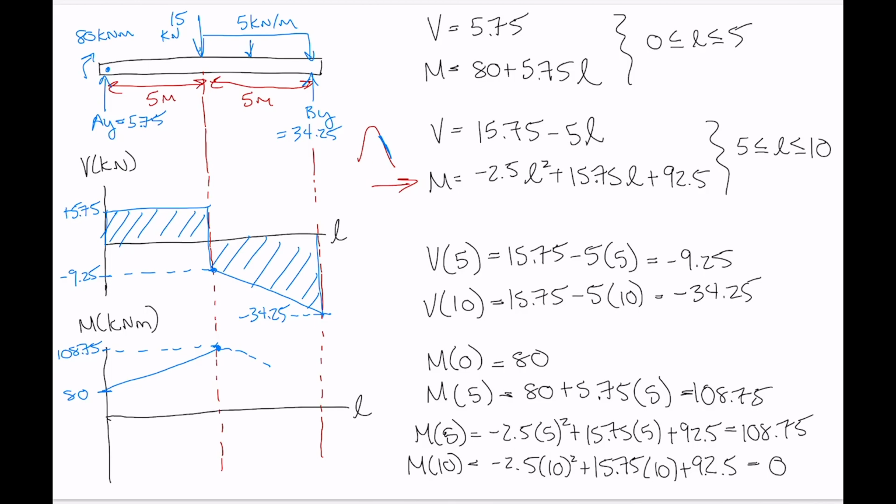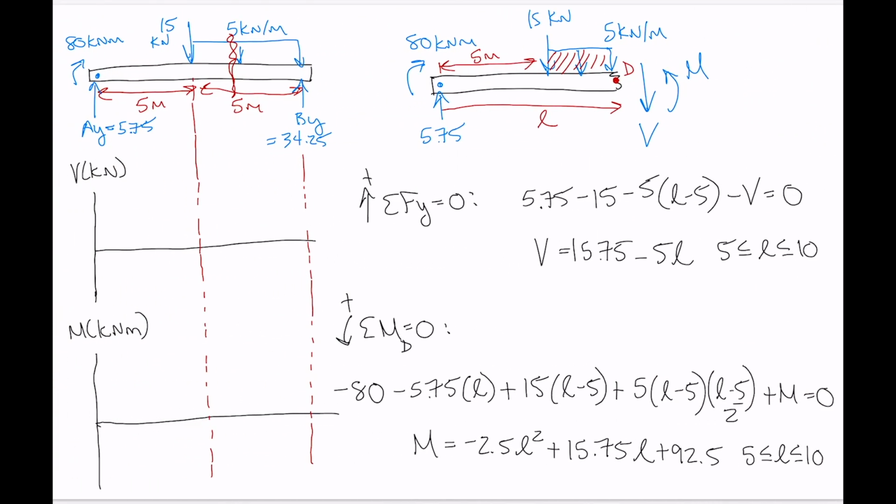So in this section of the curve, right, we start where we left off, and we have a curving line with a negative slope that takes us back down to 0. And do some sketching. Okay, so that's how we do our shear and moment diagrams, right?